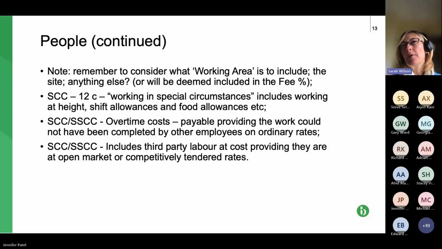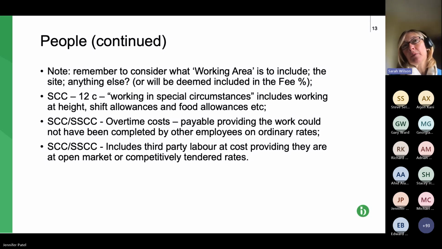The guidance notes say that could be something like working at height, shift allowances, food allowances, etc. So that kind of shows how detailed it is. And what you're actually looking at, for a compensation event, you're looking to forecast how long the work will take to do, and who and what will be required to do the work.